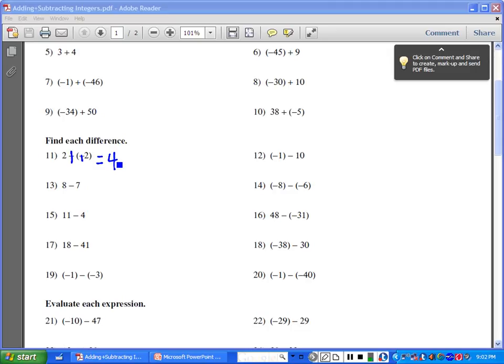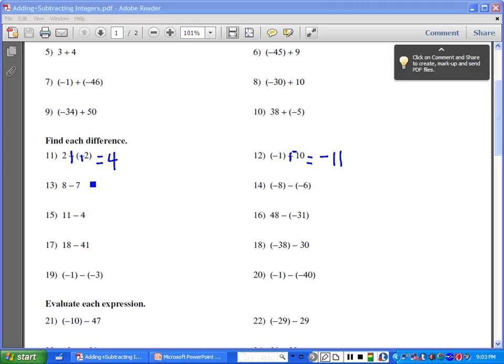Number 12, we have negative 1 minus 10. Since this is a subtraction problem, we're going to change this minus sign to a plus sign and make that 10 negative. So now we have the same sign, because negative 1 and negative 10 are both negative. Therefore, we sum the two numbers and keep the negative sign.